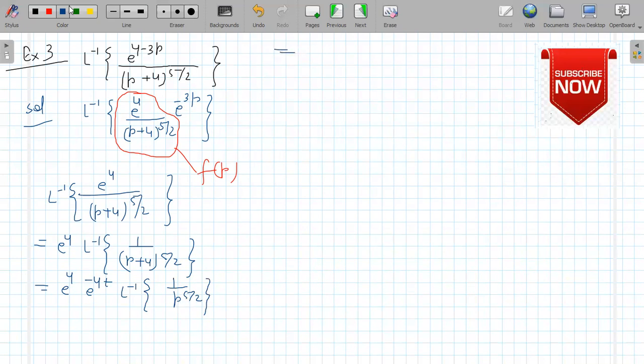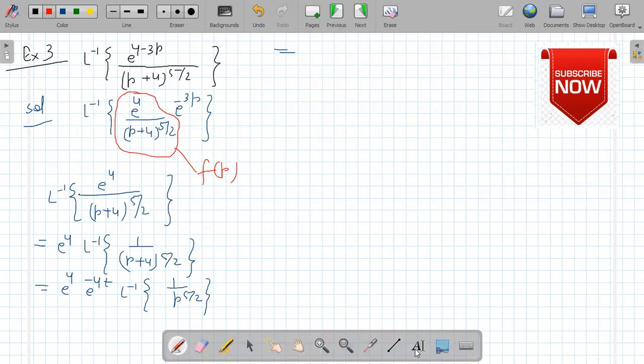So this is equal to e raised to the power 4, e raised to the power minus 4t, and Laplace inverse of 1 upon p raised to the power 5 upon 2 is t raised to the power 3 upon 2, because one power is reduced from 5 upon 2, and here we have gamma 5 upon 2.